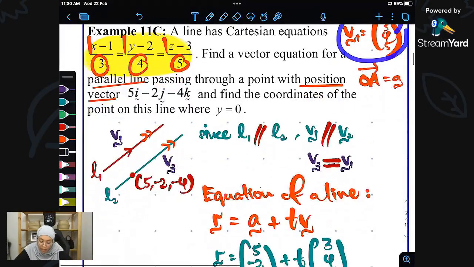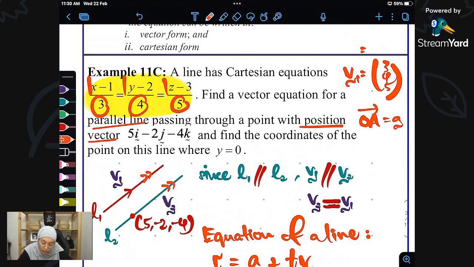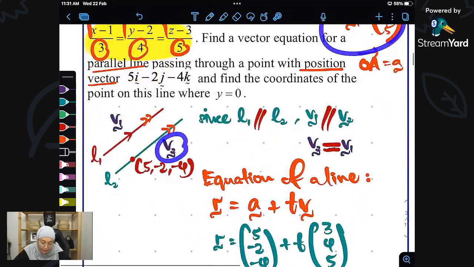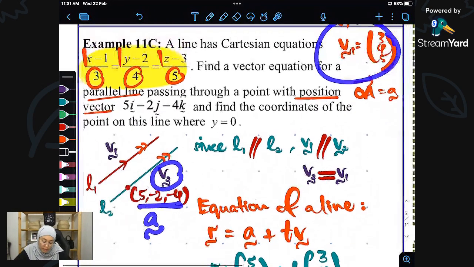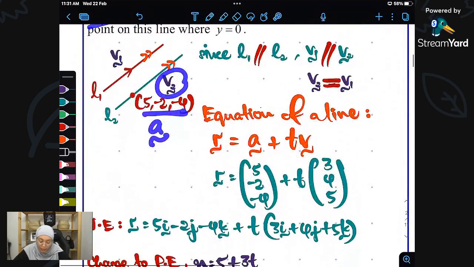And so V1 is equals to V2. So basically V1 and V2 are the same thing anyway, the same vector. So we are happy. Kita dah ada vector. Sekarang ni kita perlu masukkan the position vector A. Okay, we have a position vector A which is 5, -2, -4. We sub it in.